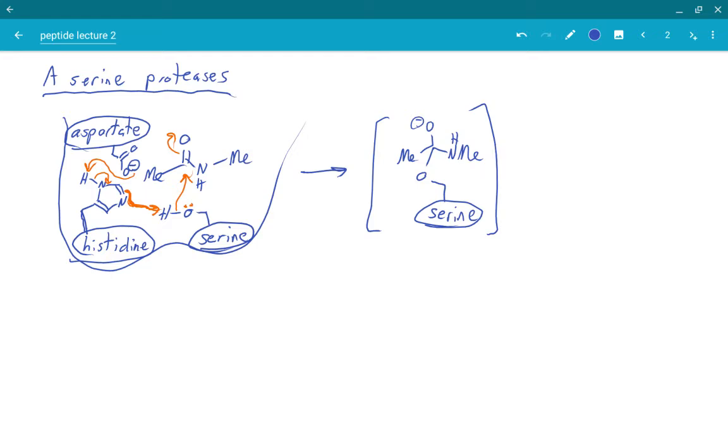And then we presumably need to protonate the amine to get to something that looks like that.